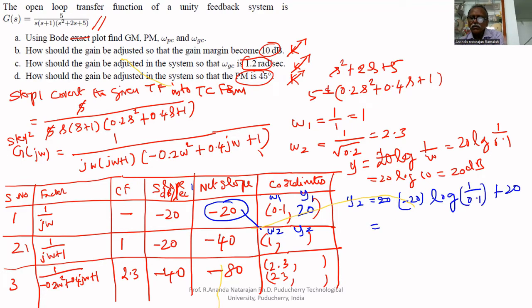That is equal to, 1 by 0.1 is 10, log 10 equal to 1. Therefore, minus 20 plus 20 equal to 0. Therefore, the coordinate here is 0. The next coordinate, then this becomes omega 1 and this becomes omega 2, y1.